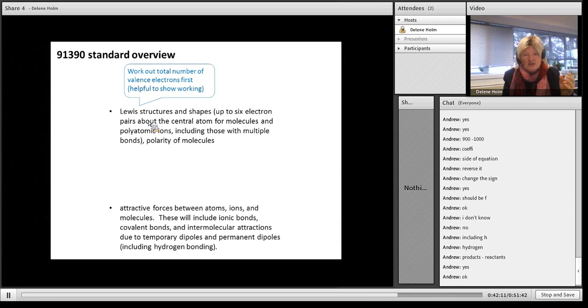Oxygen is in group 16, so it has 6 valence electrons. And because I've got 3 oxygens in XeO3, it'll be 3 times 6 plus 8. And that'll be the total number of valence electrons.